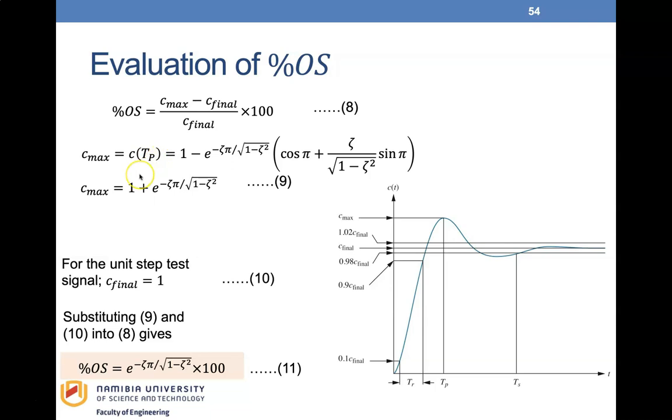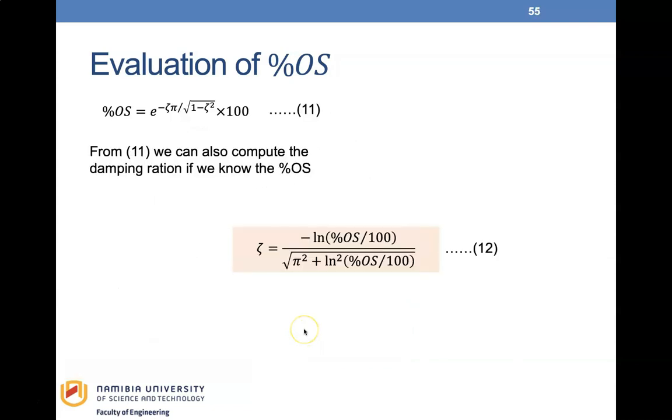For the unit step input, C final will have to be 1. Hence, if we substitute equation 9 and 10 into 8, we will get the expression for the percentage overshoot shown in equation 11. From equation 11, it shows that if we know the percentage overshoot, we can easily compute the value of zeta. So from 11, we can make zeta the subject of the formula, which will yield equation 12. You can verify this for yourself.